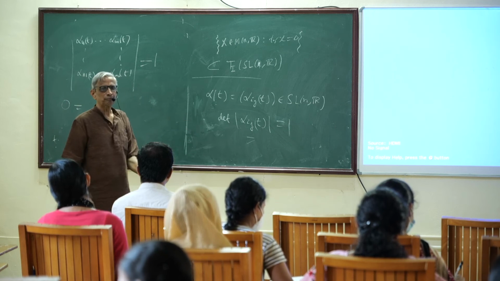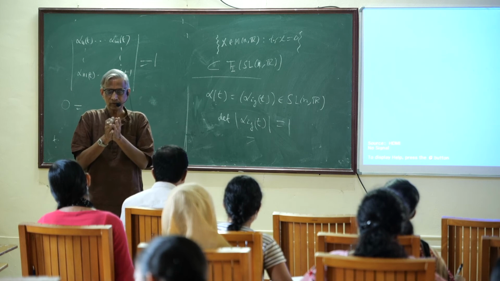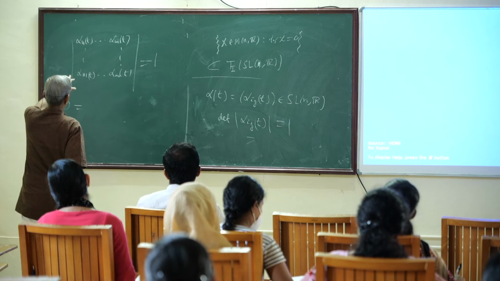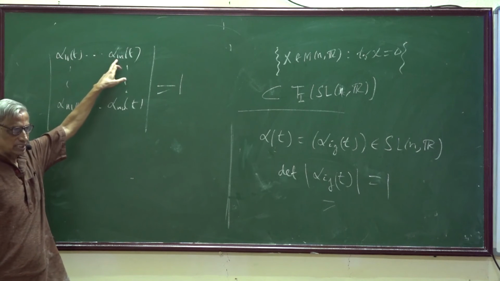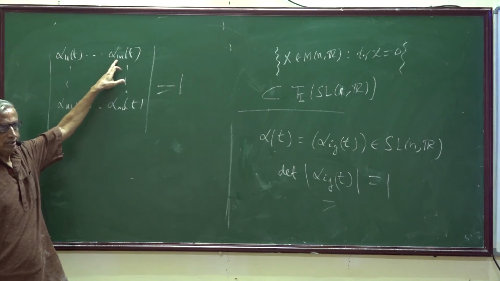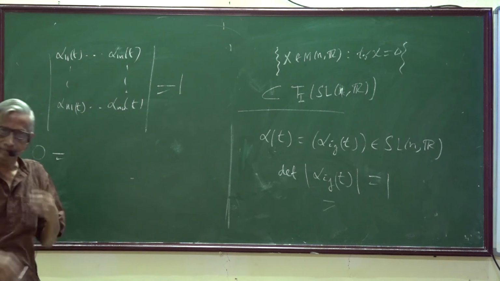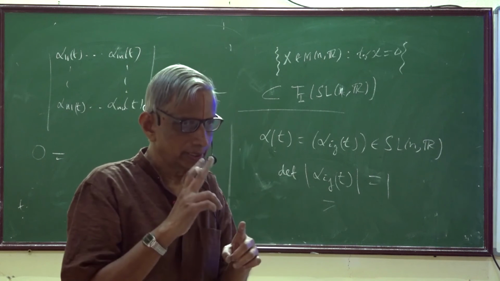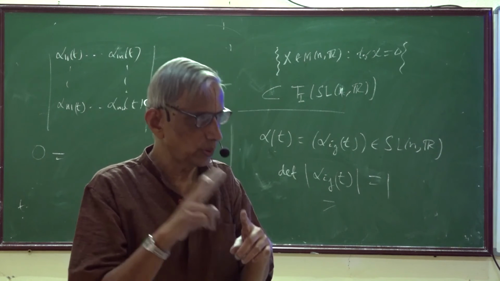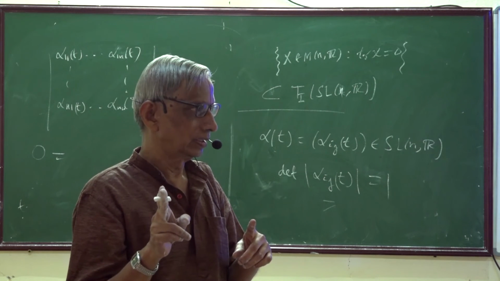Anyway, what you have to do is, you have entries here, each of them is a function of t, right? You want to differentiate with respect to t. So differentiate one row at a time and add.